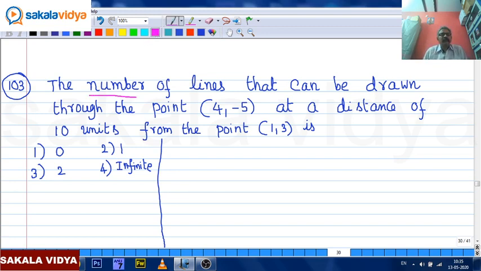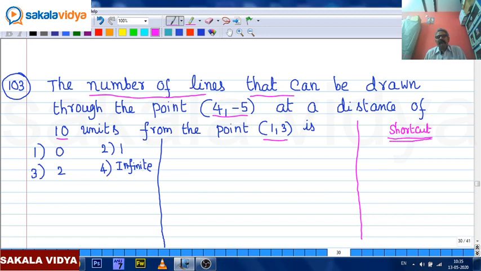The number of lines that can be drawn through the point 4, 5 at a distance of 10 units from the point 1, 3. I will explain one shortcut for you. These kind of problems are there, you apply this shortcut. What is the shortcut means? Given points, you say P point and Q point.